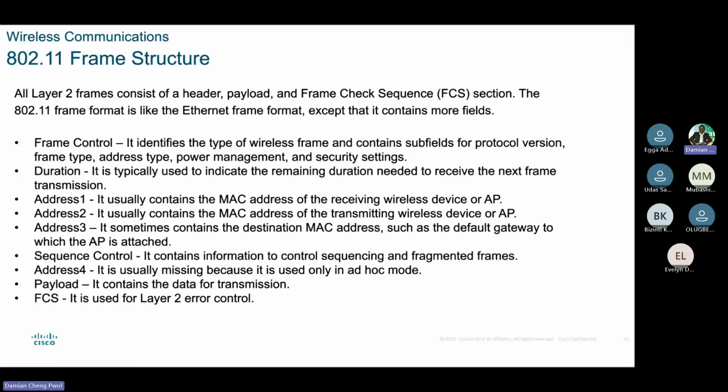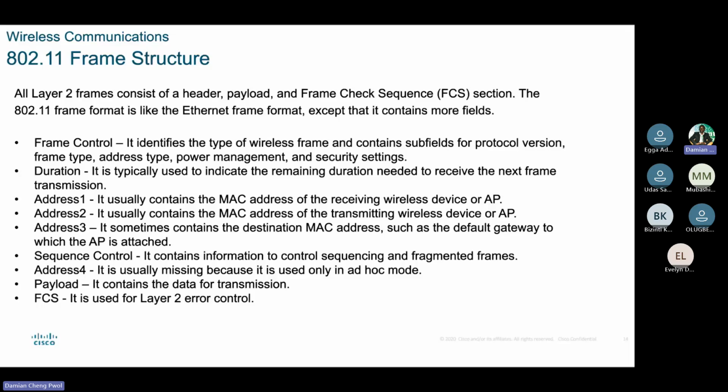That assembling is based on the sequencing value attached to each frame. Address 4 is usually missing because it is used only in ad hoc mode, which means within the network you can have ad hoc services for wireless communication.